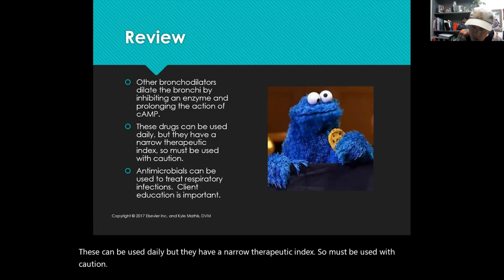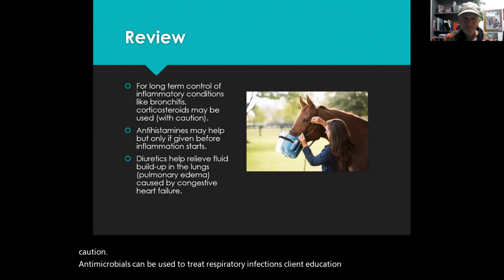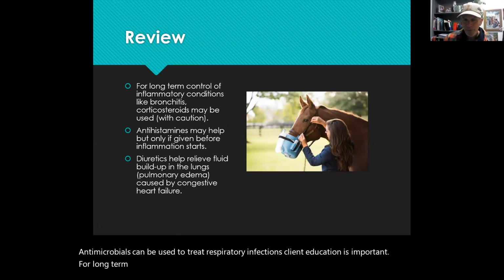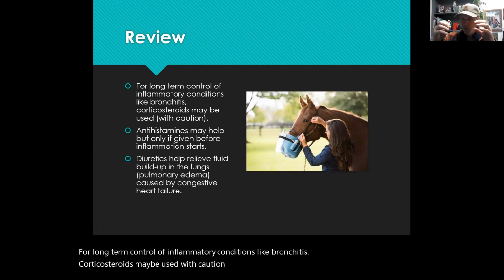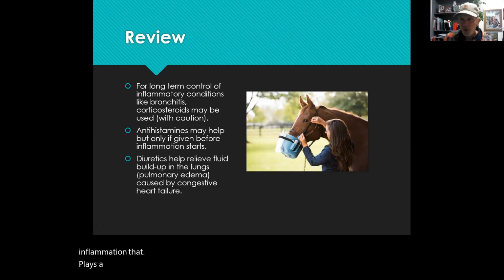Antimicrobials can be used to treat respiratory infections. Client education is important. For long-term control of inflammatory conditions like bronchitis, corticosteroids may be used with caution. Corticosteroids can help with reducing the inflammation that plays a role in bronchoconstriction.